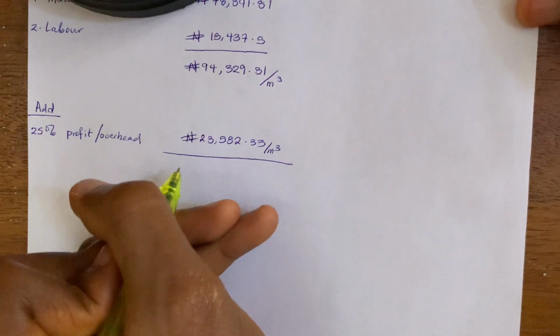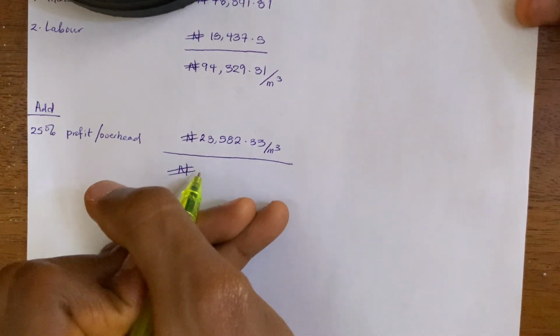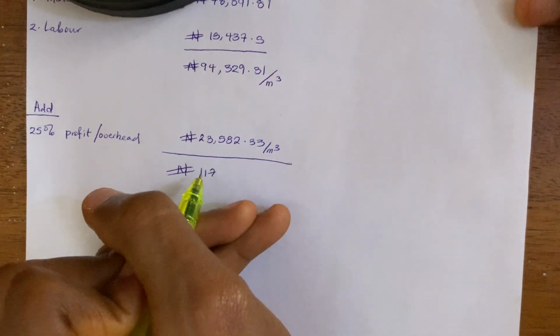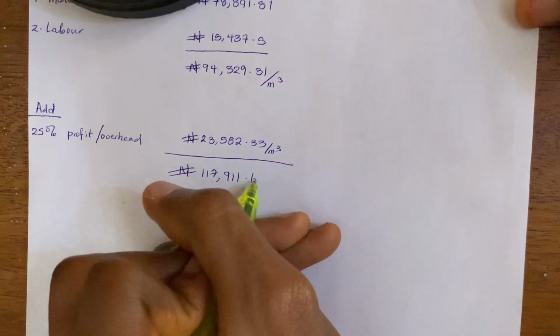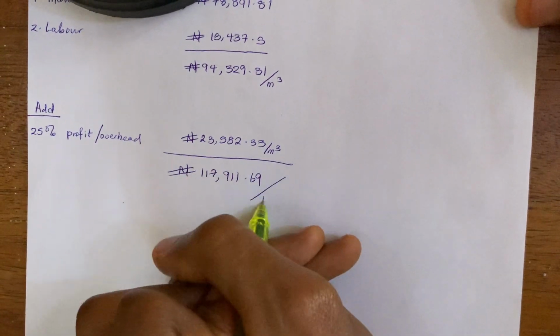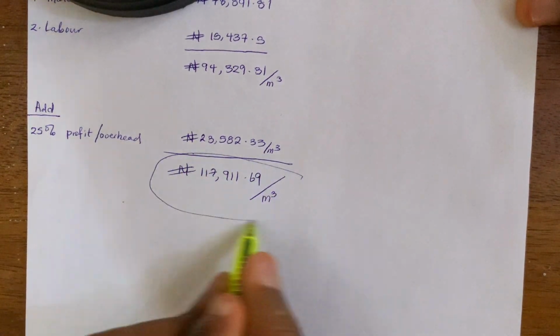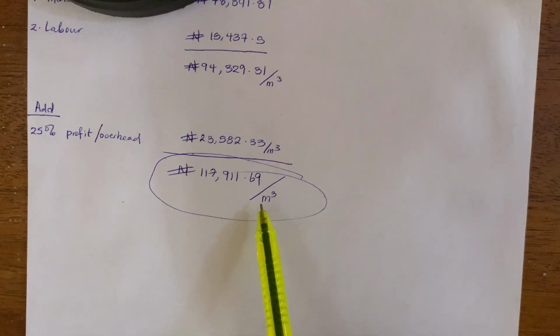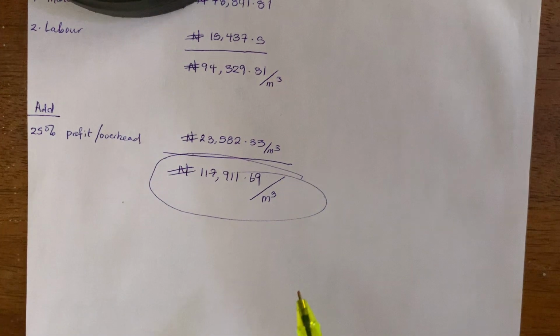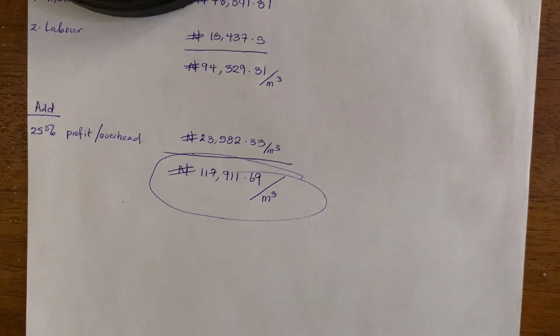So when you add the two of them together, our rate will now become 117,911.69 naira per meter cube. So this is what will be taken to our bill of quantity, and be multiplied by the quantity that we've measured. So doing this, you built up the rates for concrete work using only hand mix, that's using manual labor.